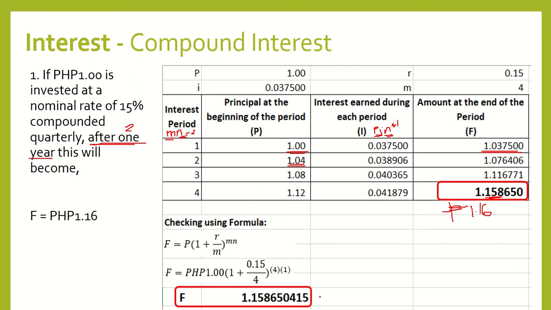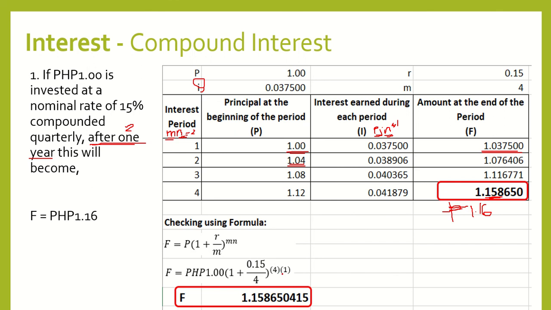This is using the formula. You have F is equal to P times the quantity of 1 plus r over m, quantity raised to power m times n. Substitute all the known values P, r, and m. Again, i is equal to r over m. Take note of that, r over m. So this is your i.